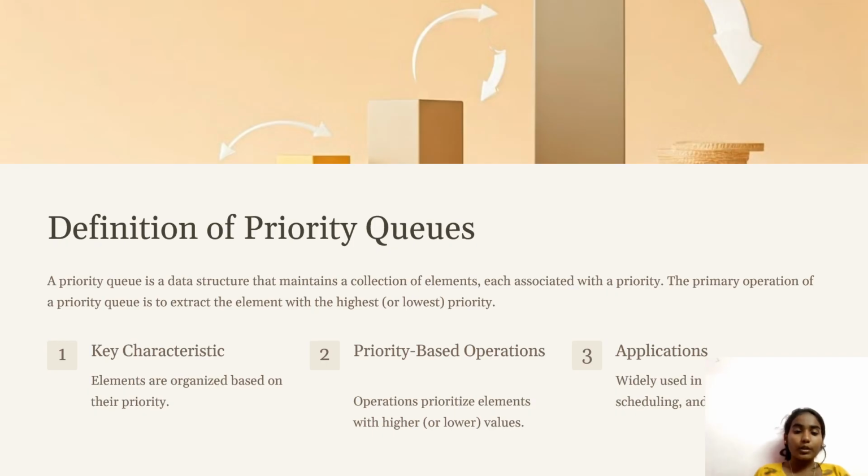Priority-based operations: operations prioritize elements with higher or lower values. Applications: widely used in operating systems, scheduling, and networking. And the priority queue follows the rule which is first in, first out.